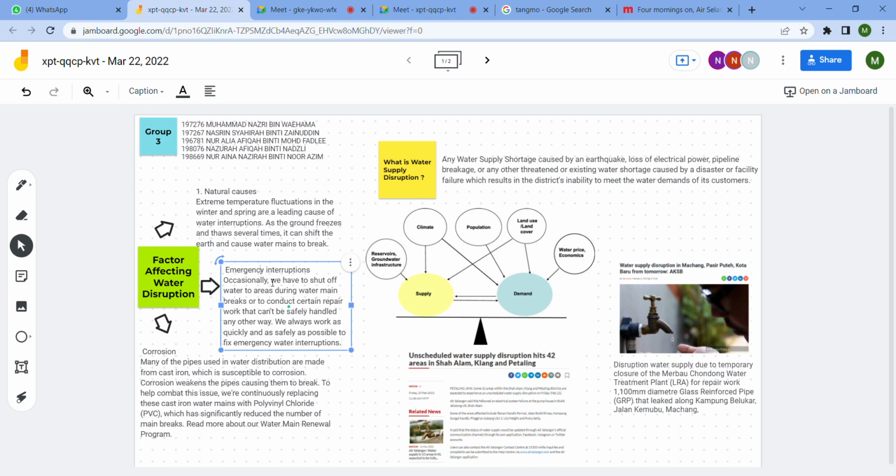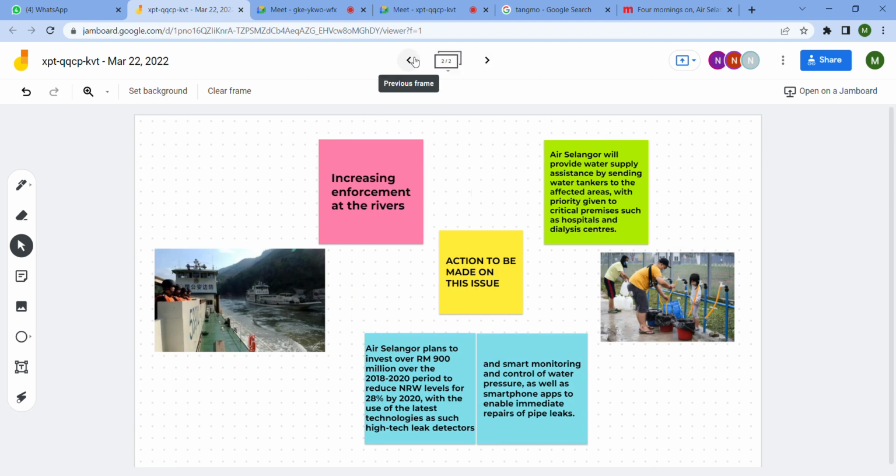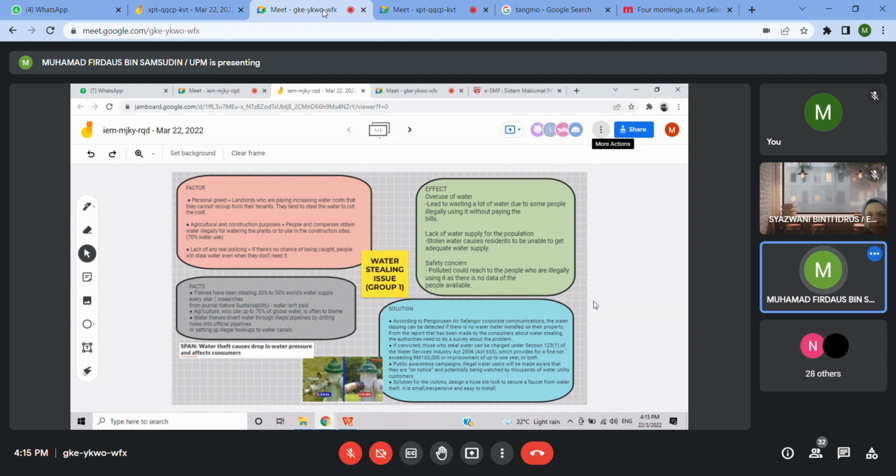And then next is the solution. According to Pengurusan Air Selangor, water tapping can be detected if there is no water meter installed on their property. Basically, a survey needs to be done by the authorities on that problem.